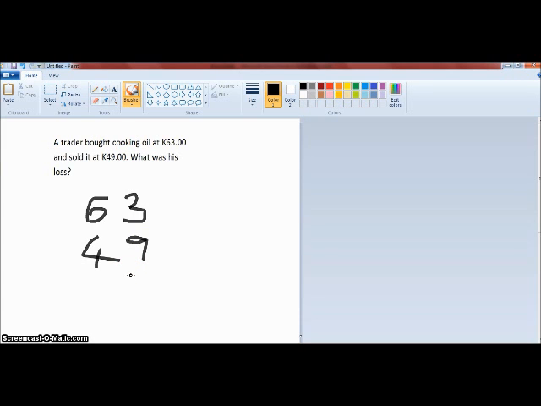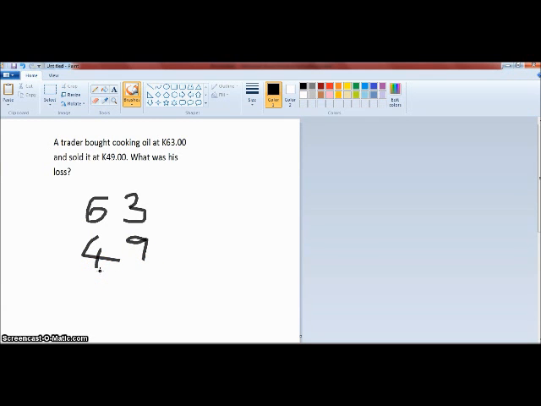So when you buy something and then later on you sell it at a different price, you either make a profit or a loss. If you sell it at a higher price than you bought it, it means you make profit. If, like in this case, you bought it at 63 kwacha, but you sell it at a smaller number, 49, it means you are making a loss.